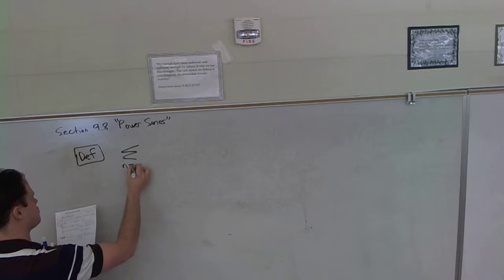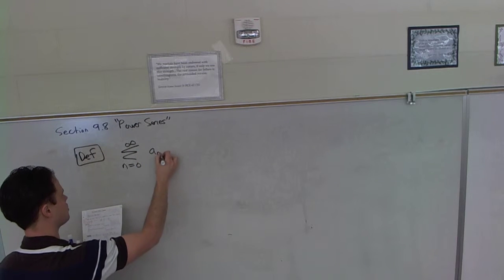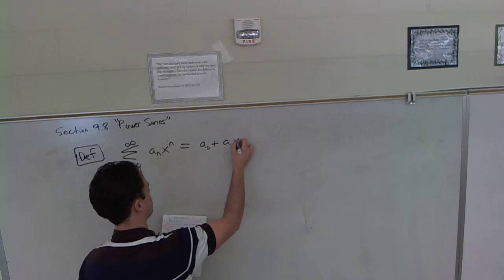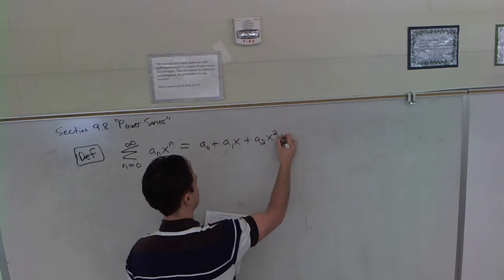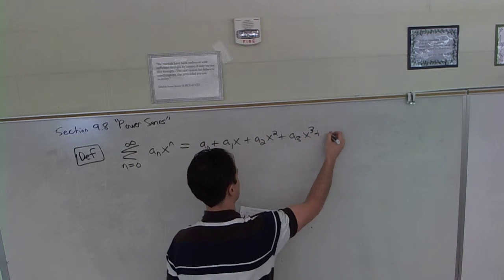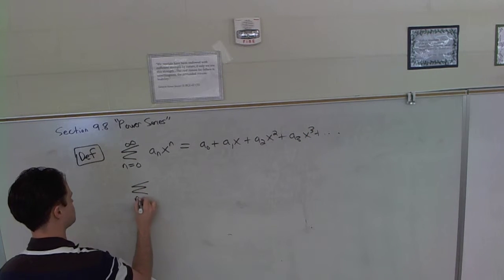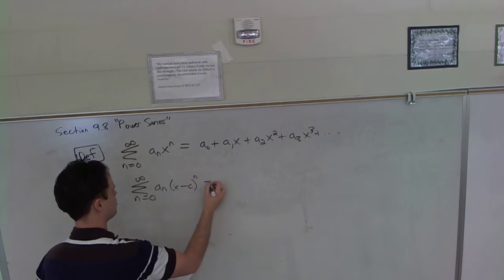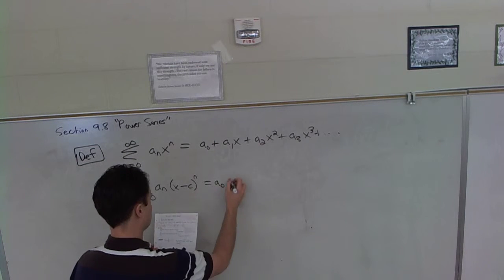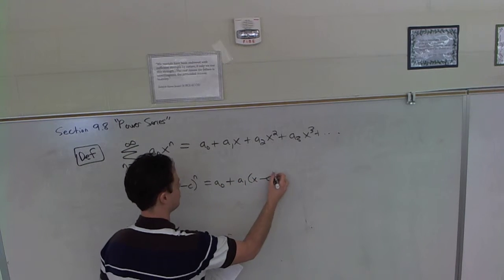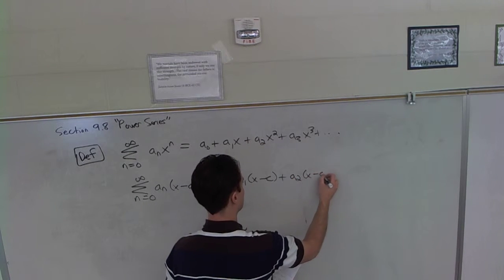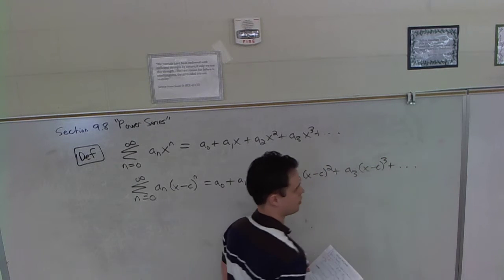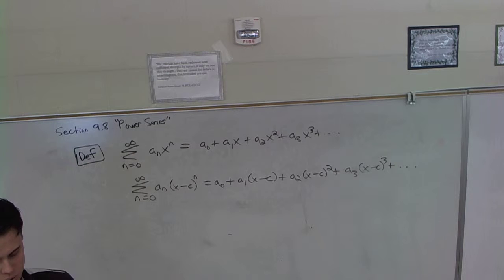So the series that goes from 0 to infinity and looks like this, or this version of it, are generic power series.